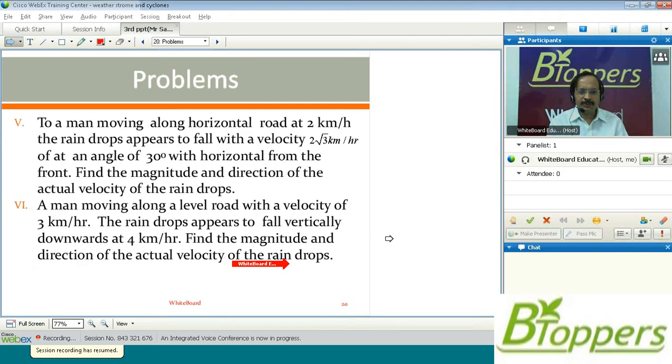This problem can also be solved by the same method as the previous problem. You can try to do it yourself. You have to simply find the resultant of the two vectors.